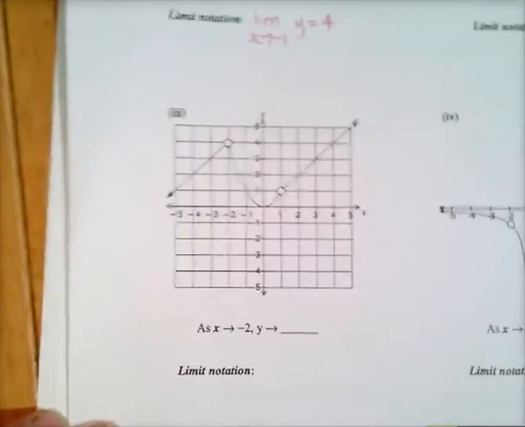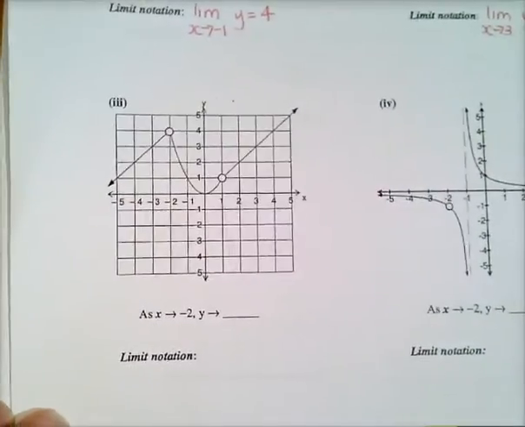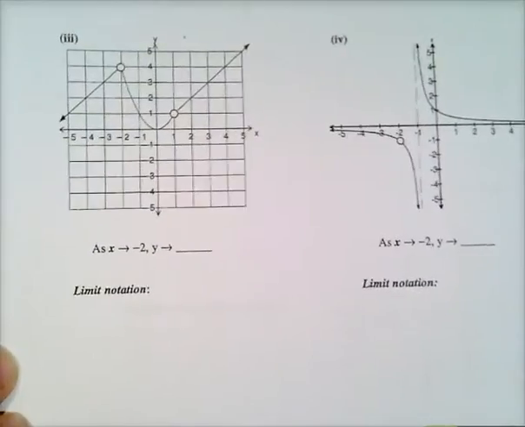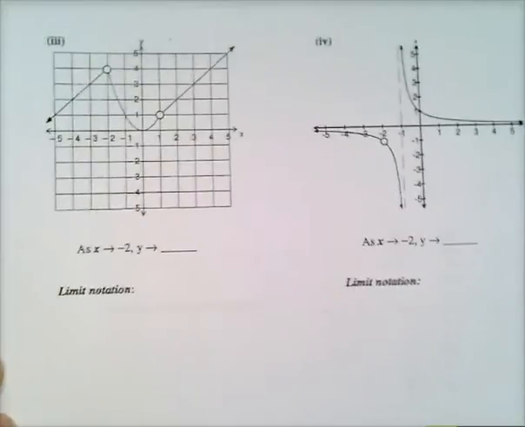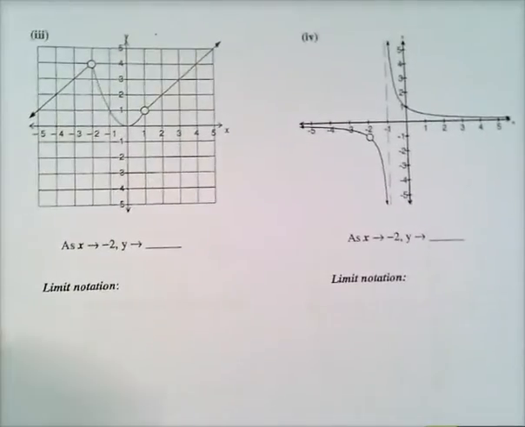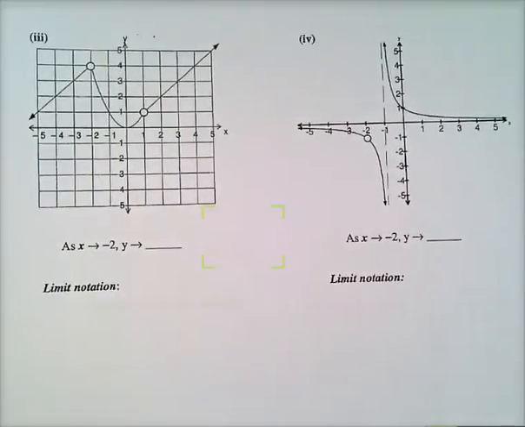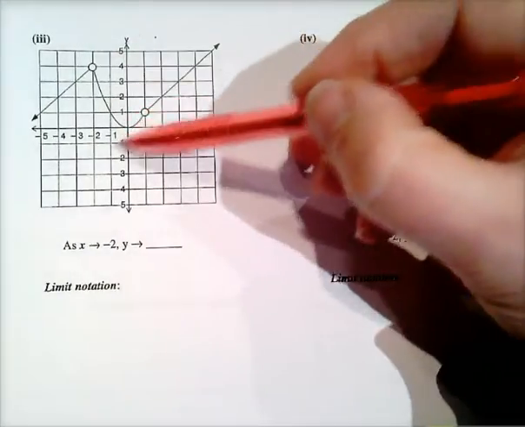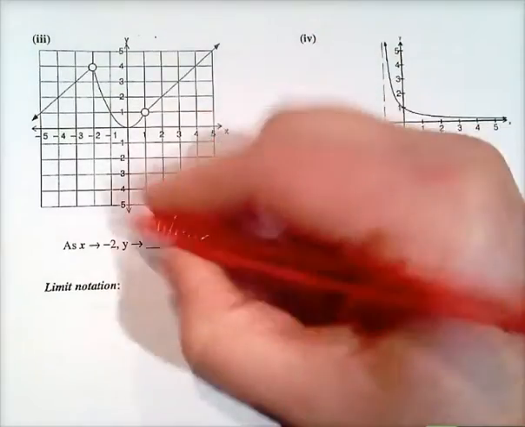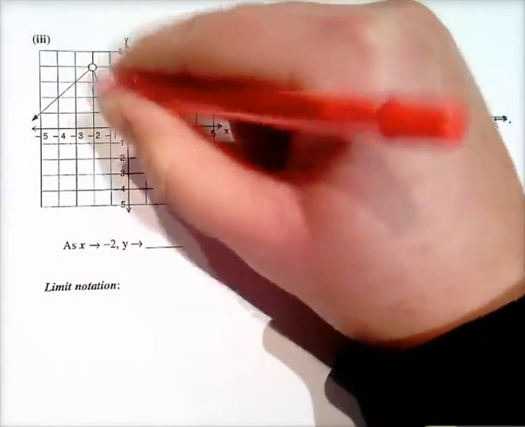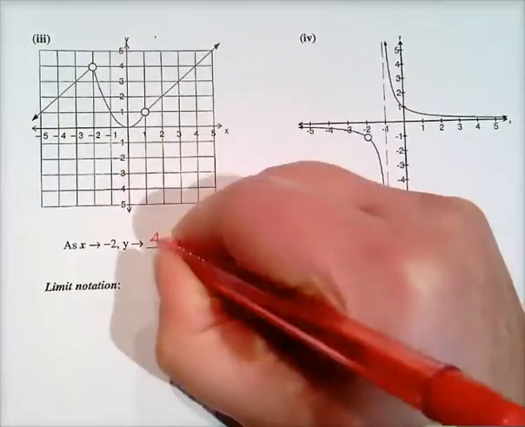The next one, now here we've got some discontinuities in the curve and some holes and some sharp points as well. So here we can see as x approaches -2, y approaches +4.